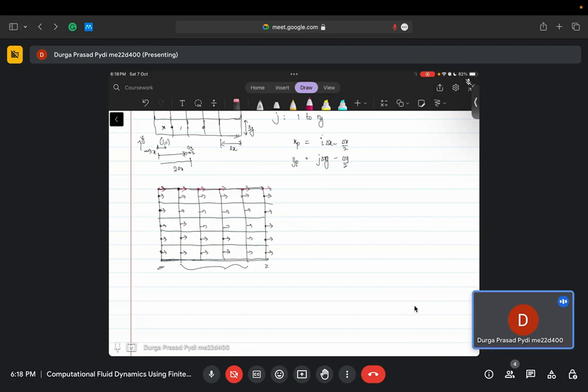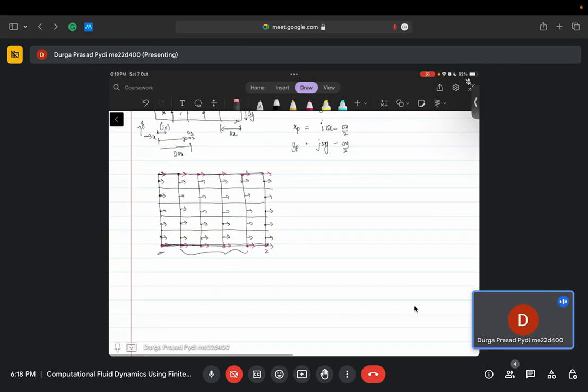So I will store on the north and south boundaries as well. This is for u. Similarly for v, instead of the horizontal arrows you will be having vertical arrows. That would be the only difference.